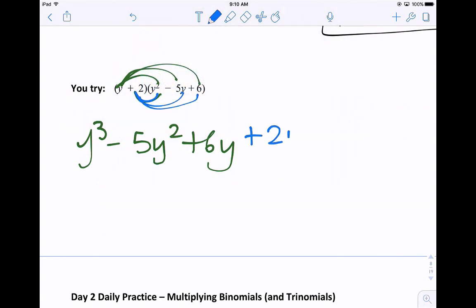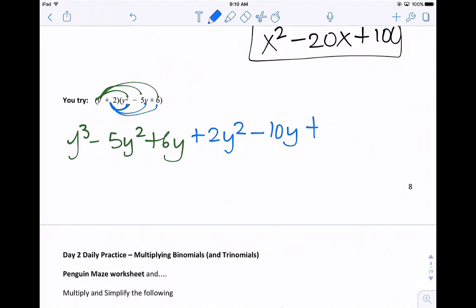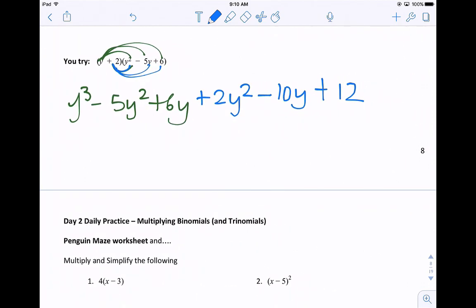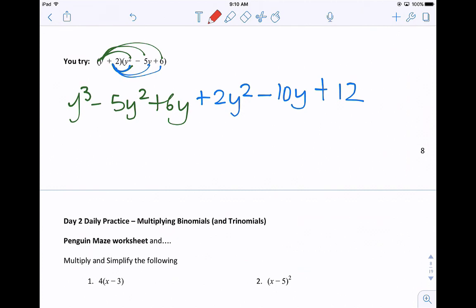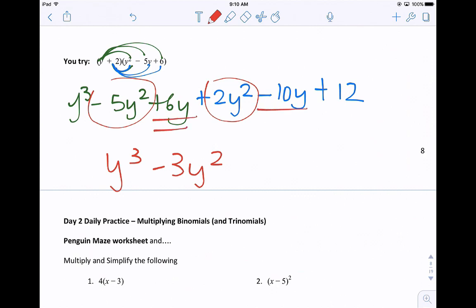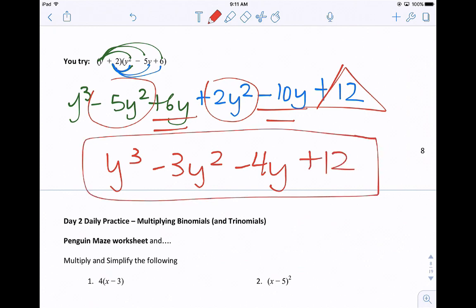So we would have plus 2y squared minus 10y plus 12. So there's the distributive property with 3 terms, the trinomial. Combine like terms, we have a y cubed, we have minus 3y squared, we have minus 4y, and then we have this plus 12 hanging out there at the end.